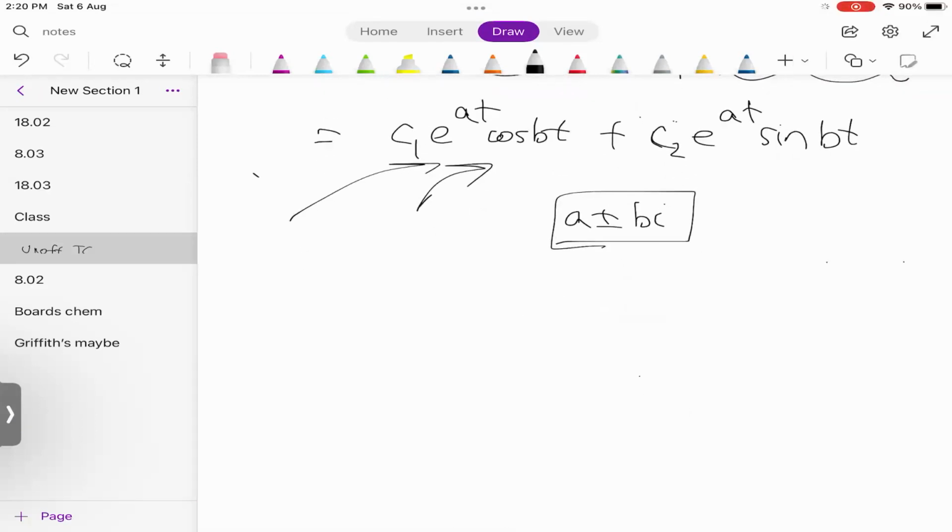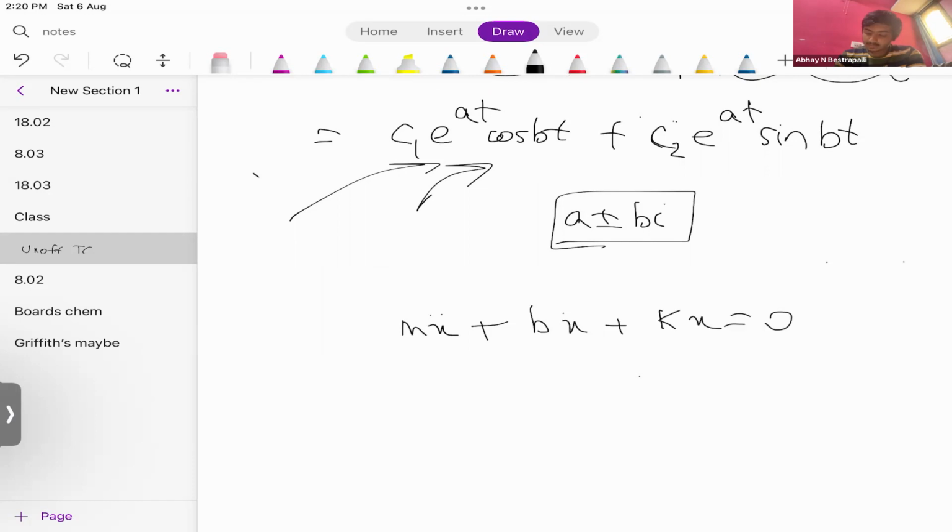Okay, so what is important? I just said a bunch of stuff which might be very confusing, so I want to reiterate what is important: a differential equation of this form, you can solve it.